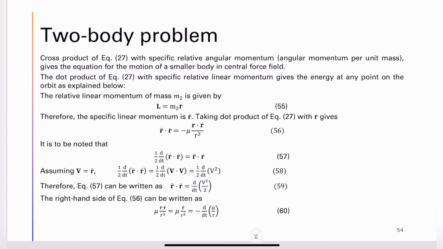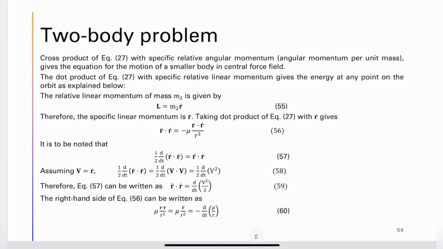Now we take the same expression, the cross product of equation 27 with the specific relative angular momentum, that is angular momentum per unit mass. That gives the motion of a smaller body in the central force field. So we have taken the cross product and it has given the equation of motion for this.